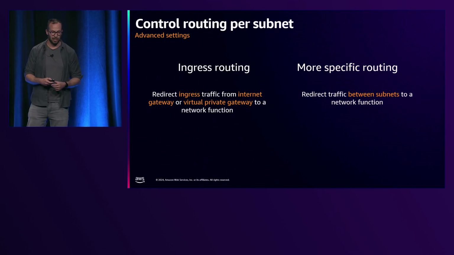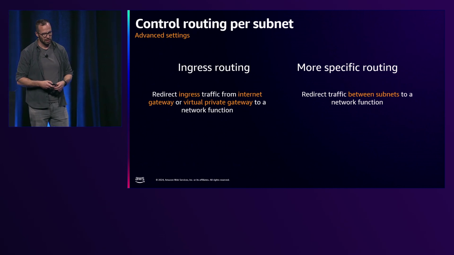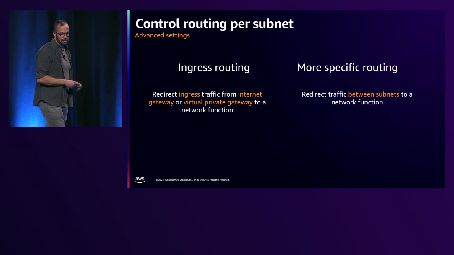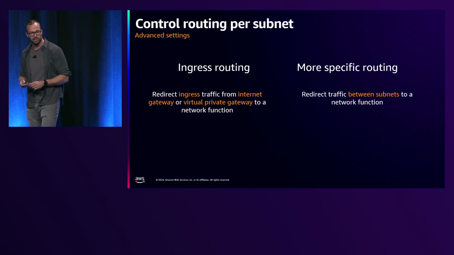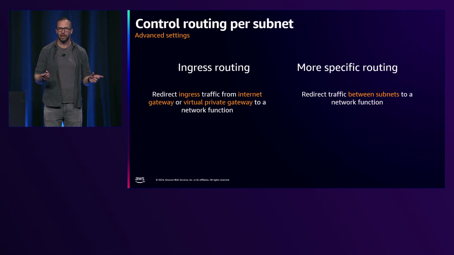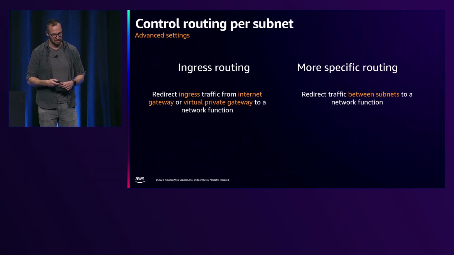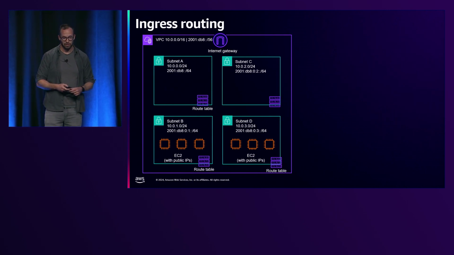Typically it's a firewall, some next generation firewall appliance or AWS managed firewall. More specific routing, on the other hand, allows you to do a similar thing, also redirect traffic, but this time not traffic coming in from the gateways, but traffic going between two different subnets in the VPC. So overriding that local route behavior. And I'm going to show you examples, because it's much easier to understand with examples.